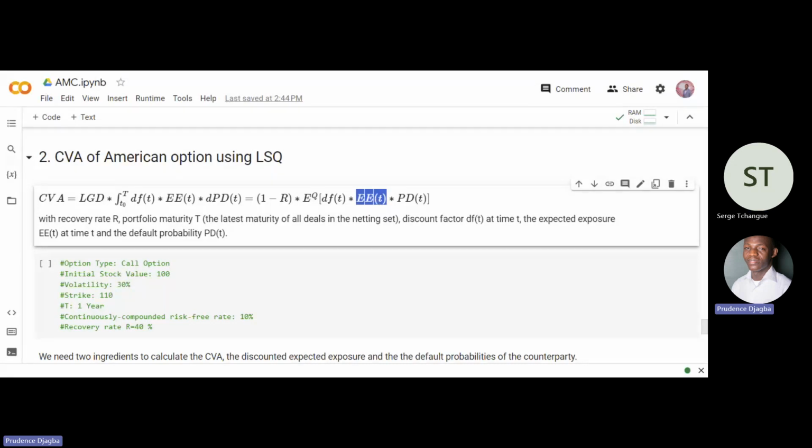If you want to use the Monte Carlo approach, we use the same least squares method to do that, by also generating some paths.